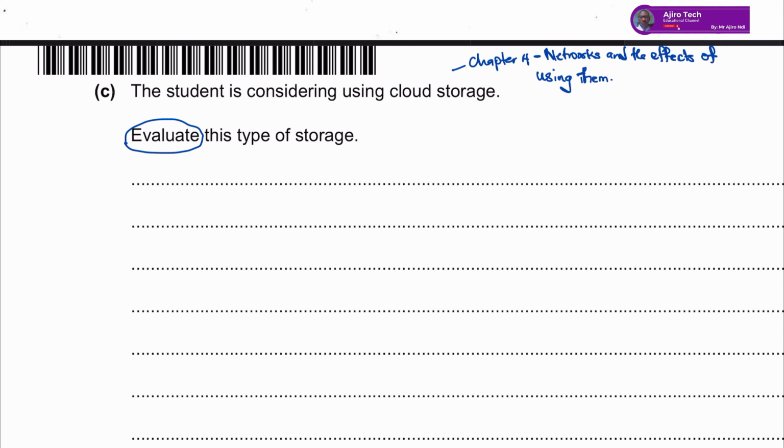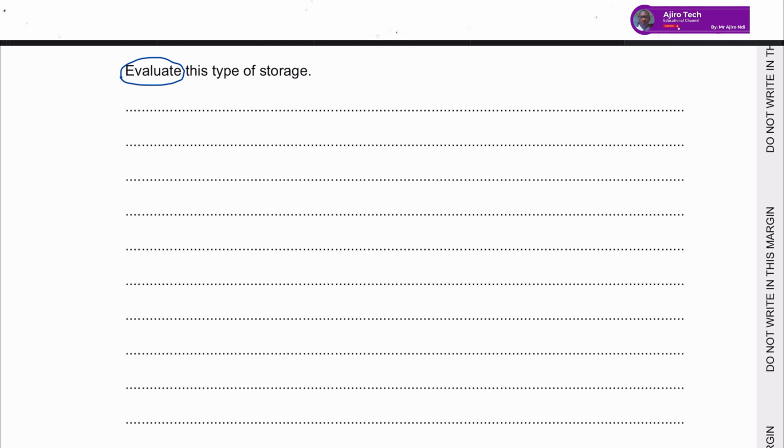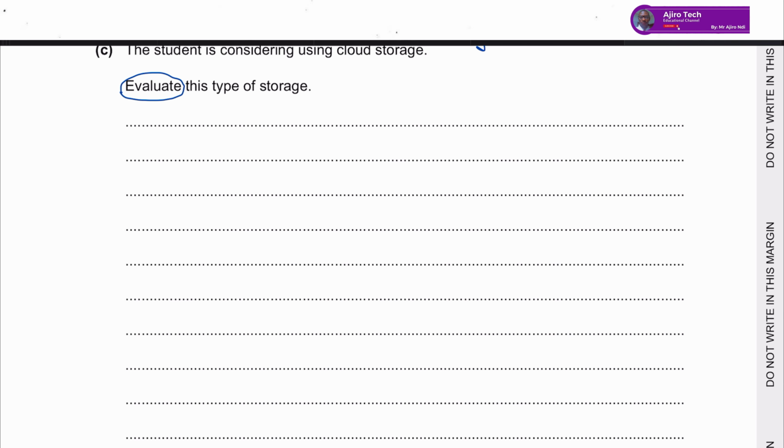Now, evaluate means to judge or to calculate the quality, the importance of something. For the evaluation, for you to be able to earn 6 marks, it simply means that you have to look at the benefits and drawbacks of this type of storage, which is the cloud storage. So you're looking at the positive, you're looking at the negative.